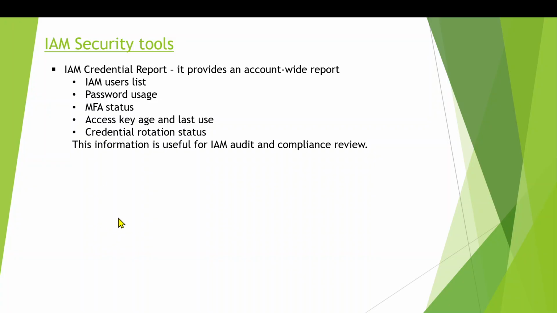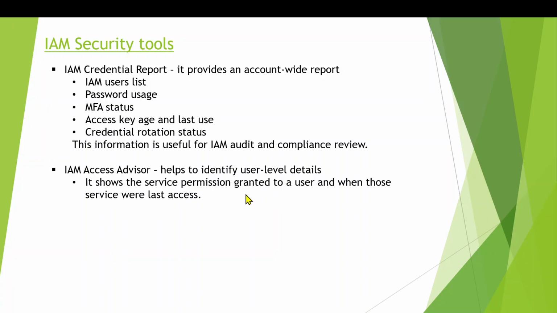And the second tool which we will discuss in this video is IAM Access Advisor. It helps to identify user level details. When we talk about user level details, it shows the service permissions granted to a user and when those services were last accessed.